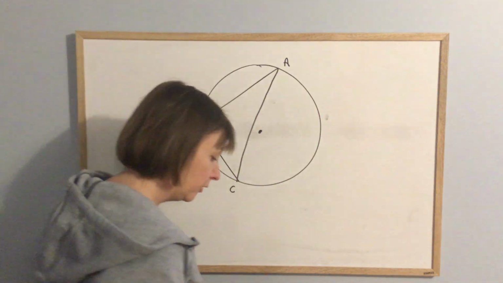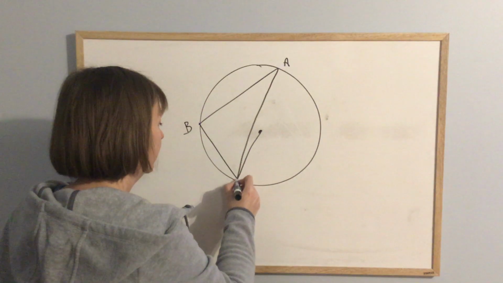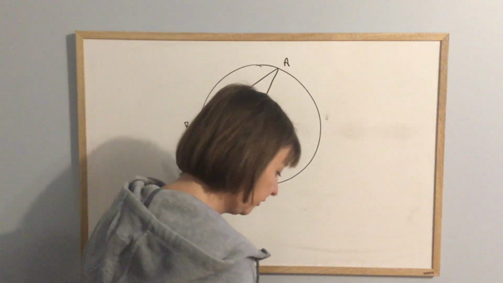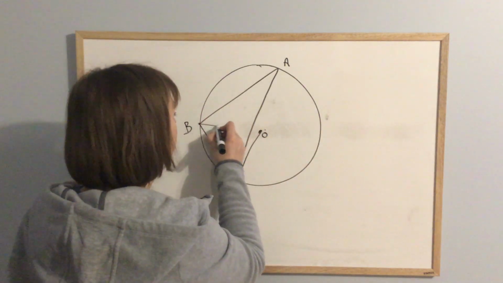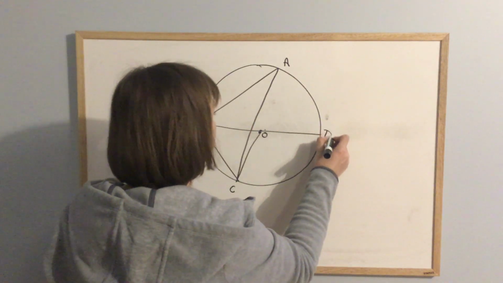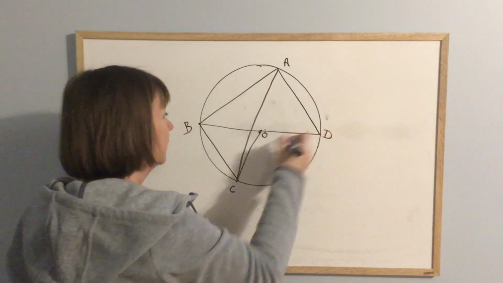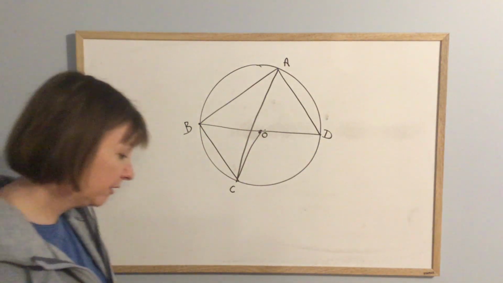That's important to note. But then we have a line here. They label the center of the circle O. They always label the center of the circle O. And then they have a point D out here, and that is going through the center of the circle, and then they join here. So that's basically the picture that's in your textbook.